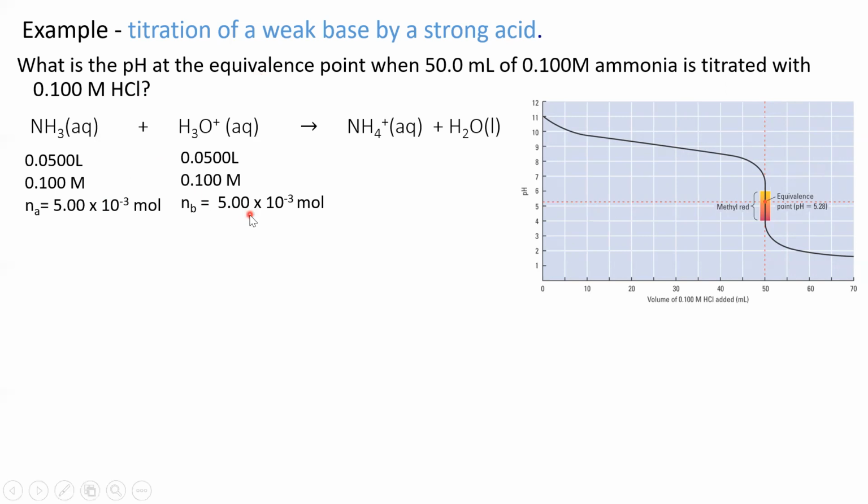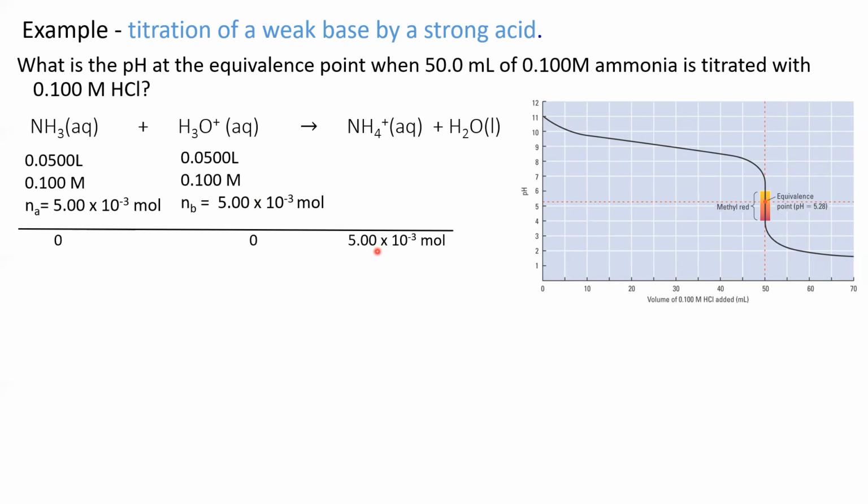So that must mean we've got 5.00 times 10 to the minus 3 moles of acid to completely react with our moles of weak base. So it didn't give us this information, but we can figure that out. And they happen to be the same numbers. They don't have to be. So all of our base reacted, all of our acid is reacted at our equivalence point, but we're going to have ammonium ions left in the solution.